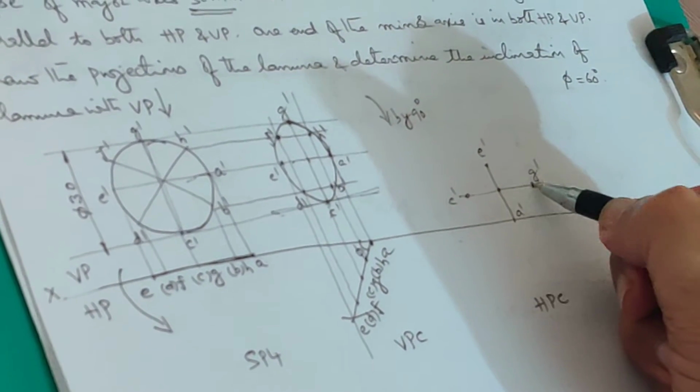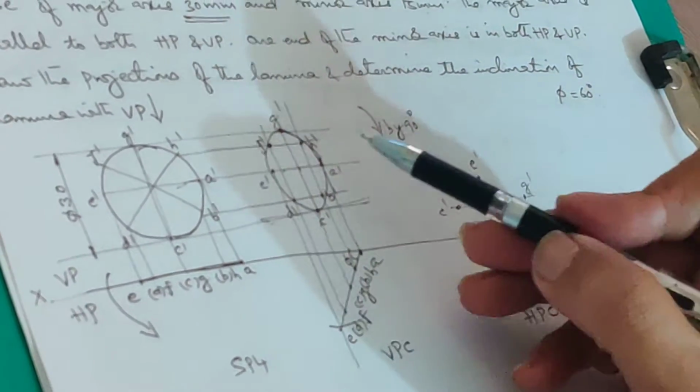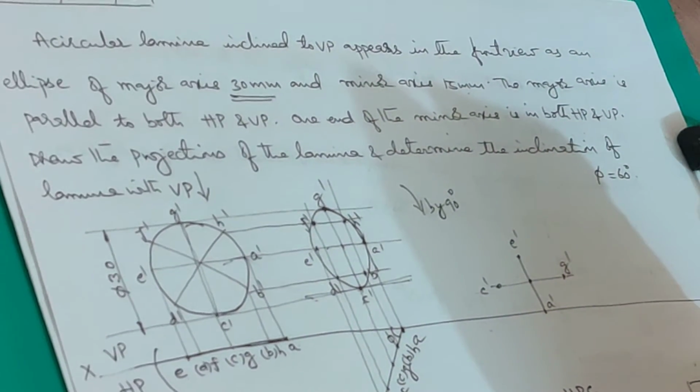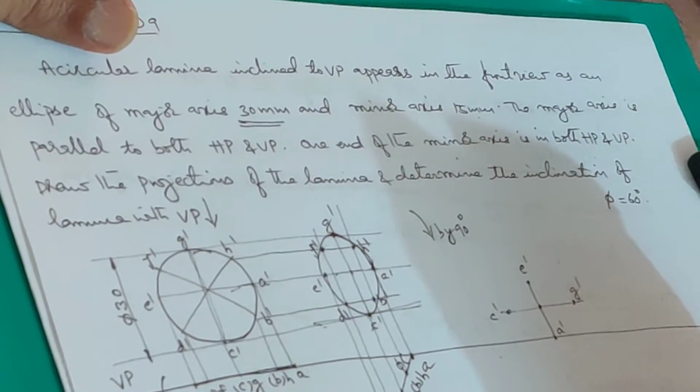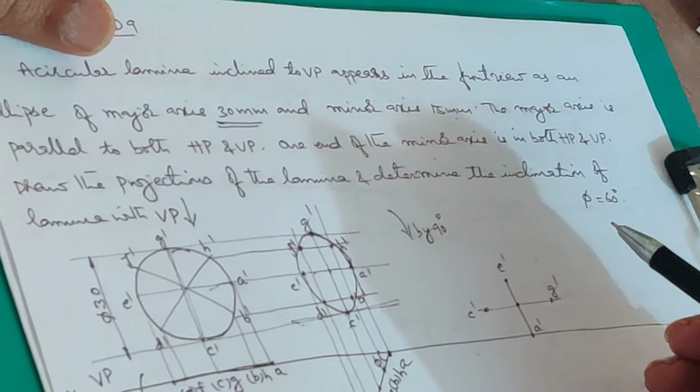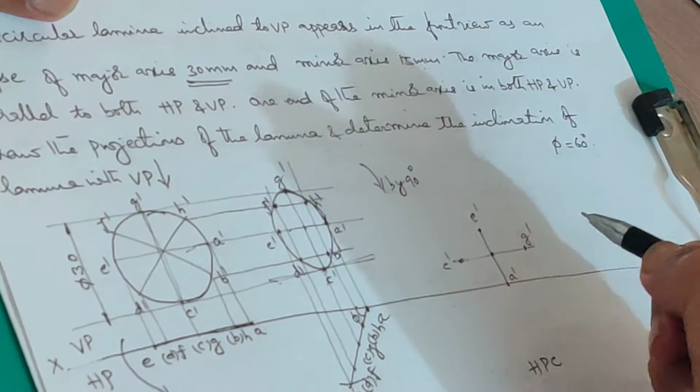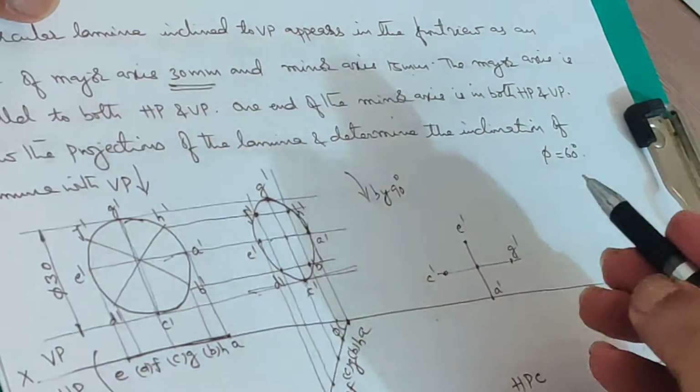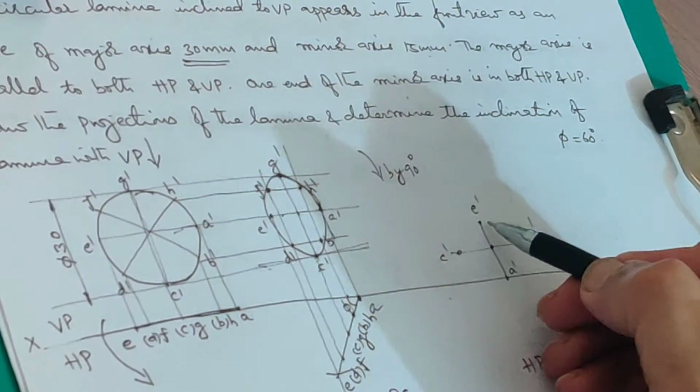Now once you have these 4 points with you, it's not difficult to get the remaining points. Okay, so if you want to get F dash and H dash, I'll take this dimension.